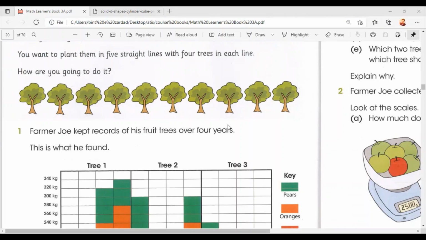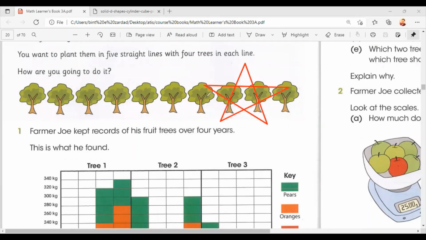So let's do it. 1, 2, 3, 4, and 5. So these are 5 straight lines.